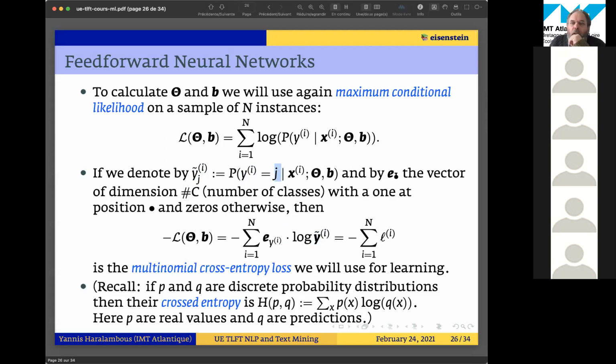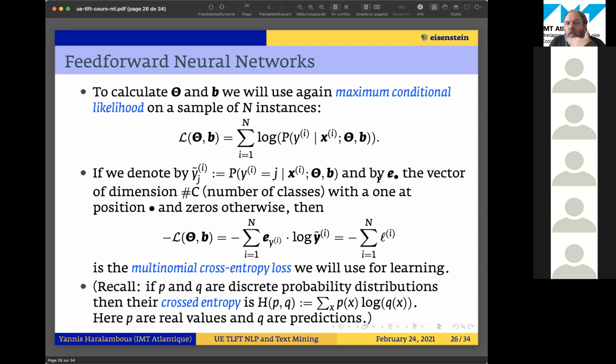Now, let us define as E a vector that has as dimension the number of classes, with a 1 at position given as an index and zeros otherwise.